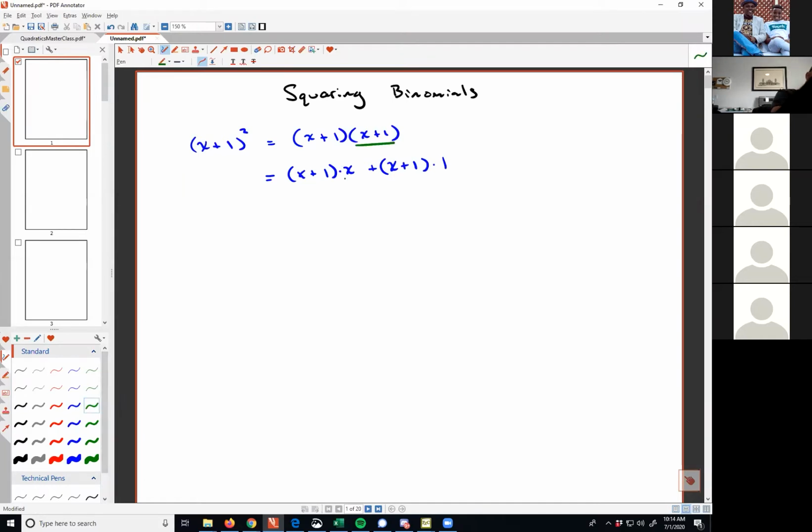We're expanding the brackets. What property are we using? Expansion. The FOIL method. The FOIL method is shorthand for the distributive property. Yeah, this is just distributive. Right. This is the distributive property right here.